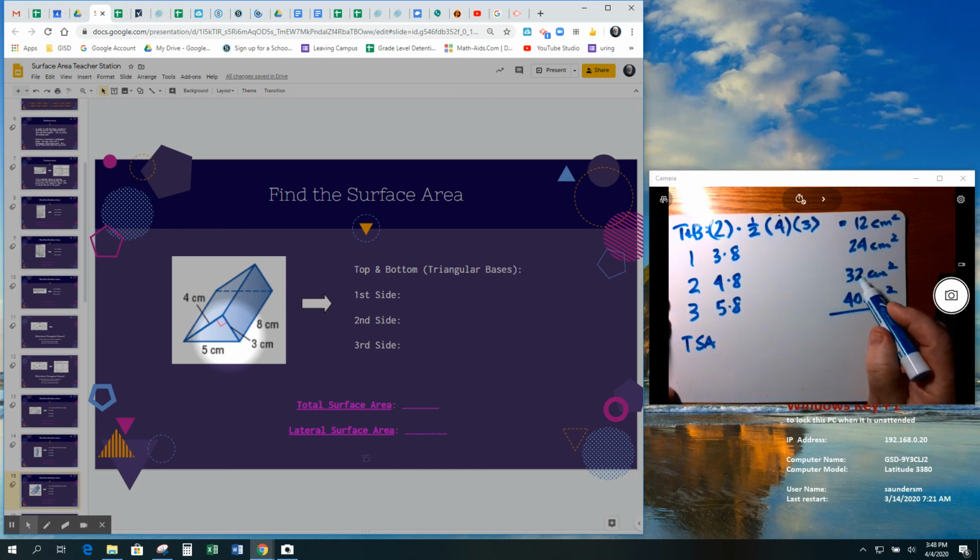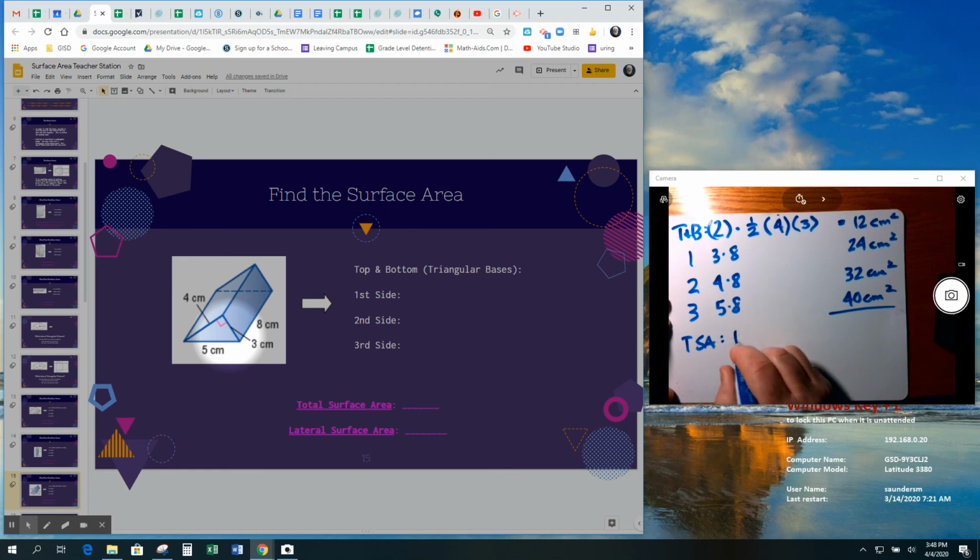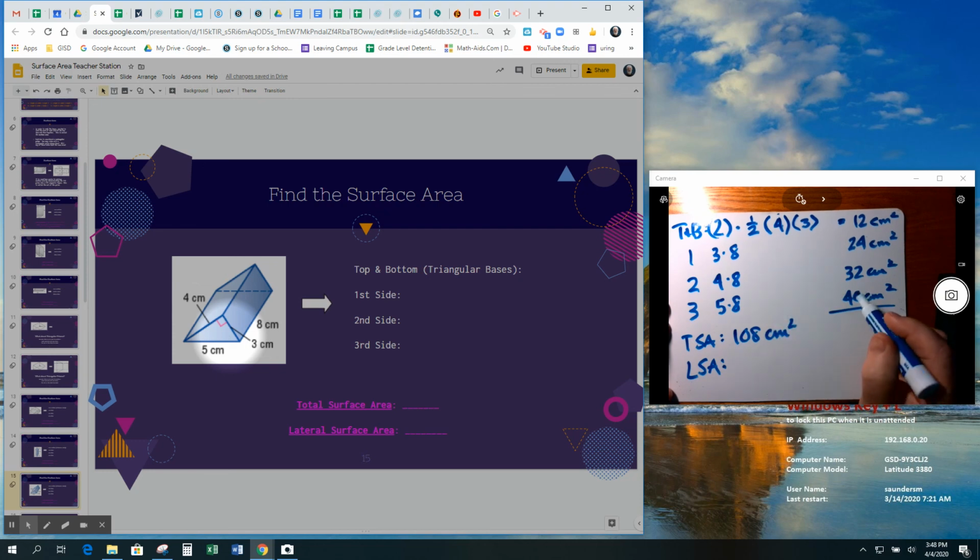So 40 plus 32 is 72, plus 24 is 96, plus 12 is 108. 108 square centimeters. And my lateral surface area is the 3 sides without the top and the bottom. So 40 plus 32 is 72, plus 24 is 96. 96 centimeters squared. Okay, there you have it.